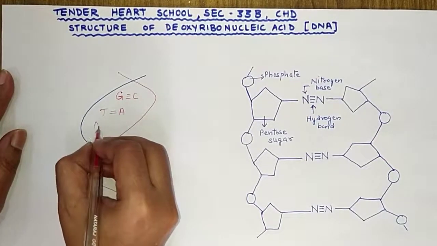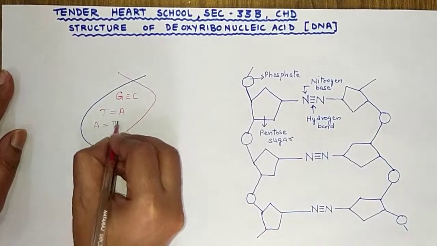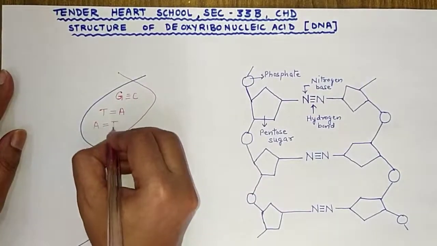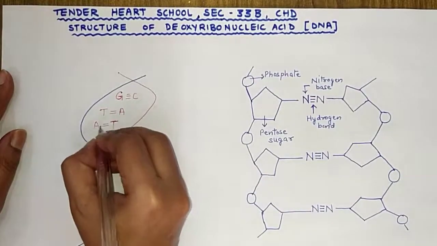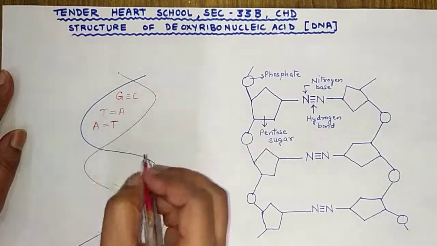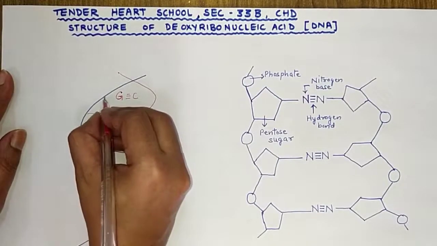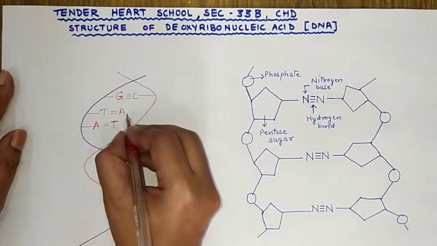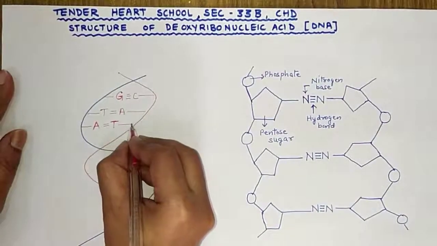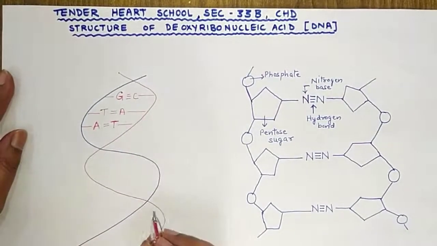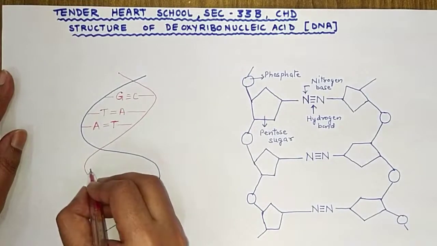Adenine will make pair with thymine. Wherever thymine will be there, adenine will be there along with it. So this way you can show the nitrogen bases which are joining the two strands of DNA.